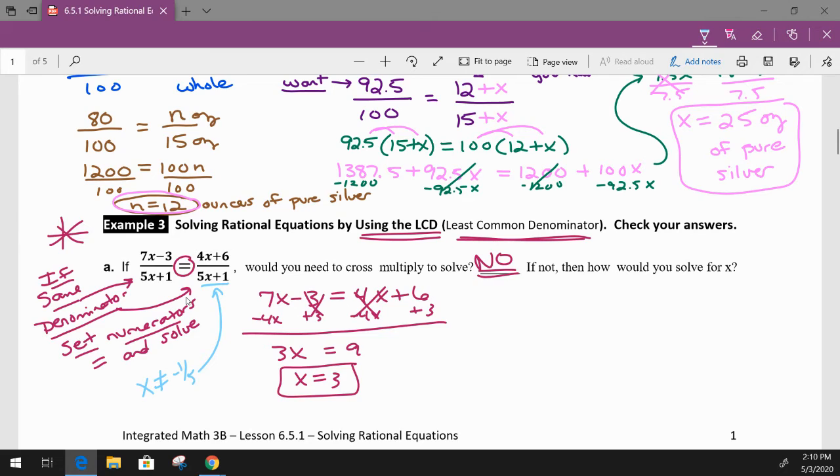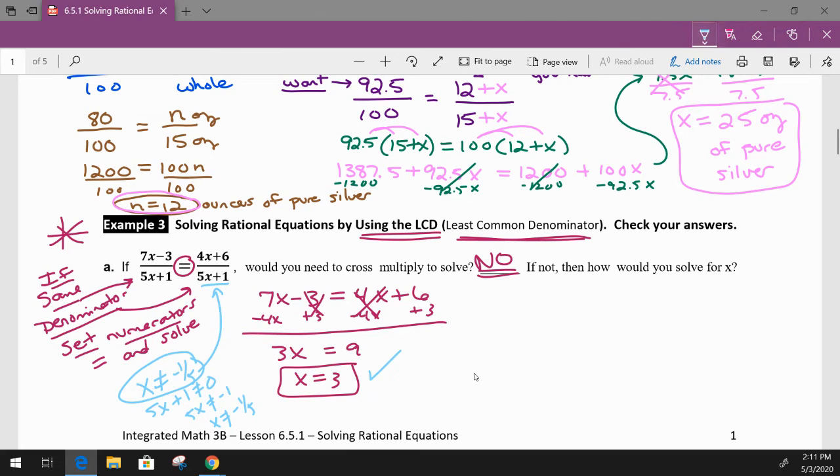And if that's confusing for you, you can always take that 5x plus 1, set it equal to 0, subtract 1 from both sides, you get 5x equals negative 1, divide by 5, and again, you get negative 1/5. We do not want the denominator to equal 0, so x cannot equal negative 1/5. But since 3 is not negative 1/5, then 3 is a good solution.